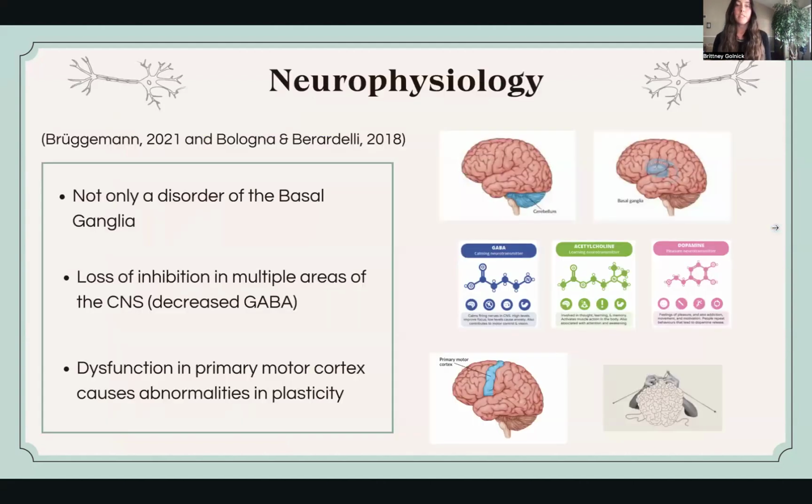So moving into the neurophysiology, there's a lot to talk about. I'm going to keep it pretty concise, but overall, they've found that dystonia is not only a disorder of the basal ganglia, which they've thought for a very long time. Not until 2021, but Brugman in 2021 showed that this really isn't just the basal ganglia.